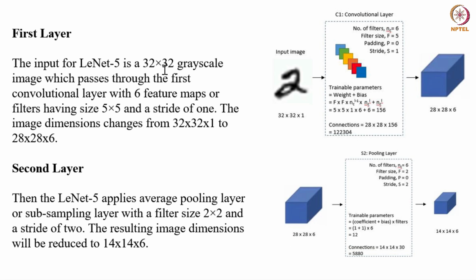Here it's a grayscale, 32 times 32 image. That's what you start from. Then you have a convolution layer with a filter of size 5 and a stride of 1. Out of that you get a matrix of 28 times 28 times 6. Then you apply a second layer where you reduce both dimensions with the pooling layer.